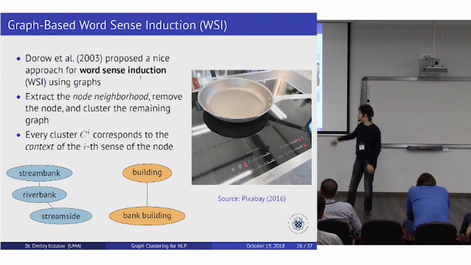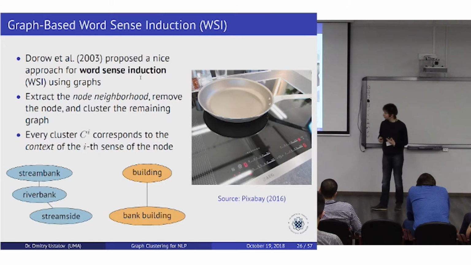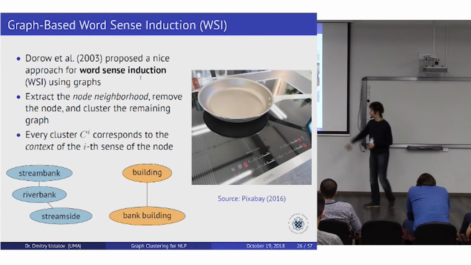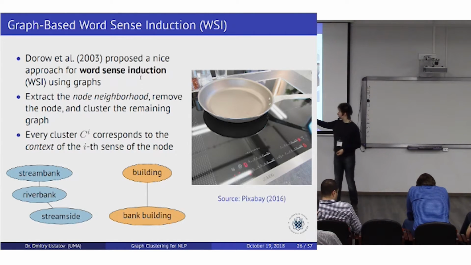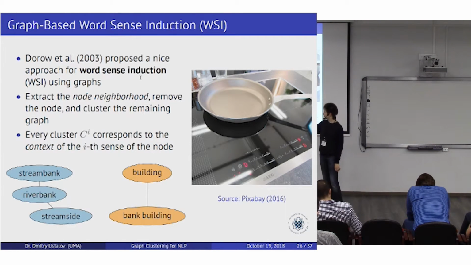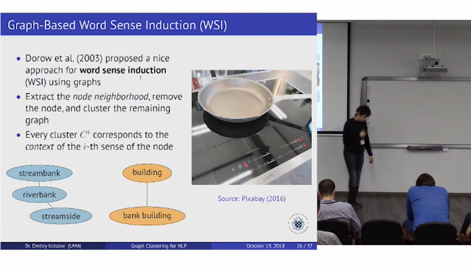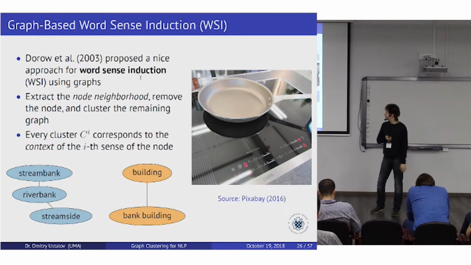Another sense is bank as a building. And that's what they propose: remove the target node, run clustering. They use MCL. And every cluster should be taken as the context of one sense of the node. So this is the context of the first sense of bank. This is the second one. Pretty simple.